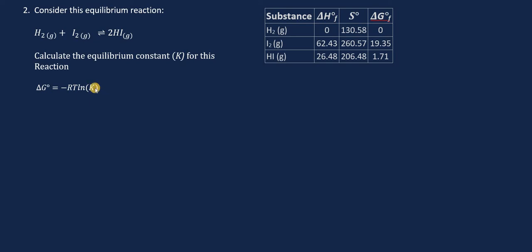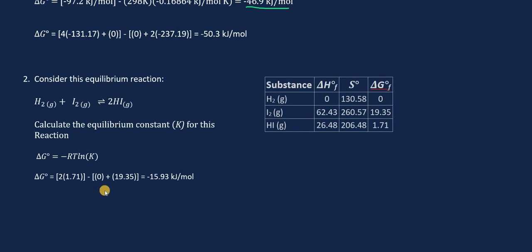So the first thing I would probably do is go ahead and calculate the delta G for your reaction, and we're going to use the table to do that. Just take the values from your table and use that to calculate delta G. Calculating this using the table, we get our Gibbs free energy as negative 15.93 kilojoules per mole.